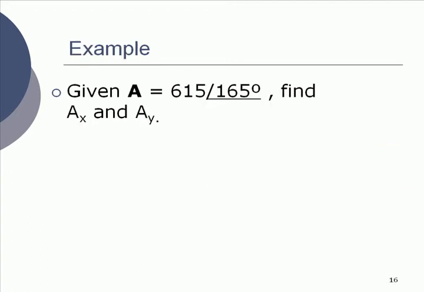So let's do an example here. We've got a vector A that's equal to 615 at 165 degrees. Find the x and y components. We don't need a picture anymore. These two formulas always take it right through.